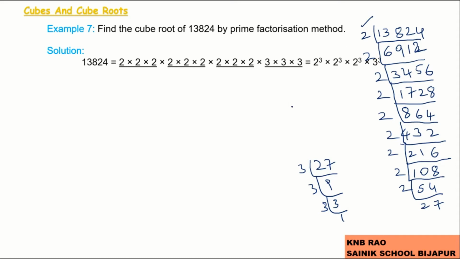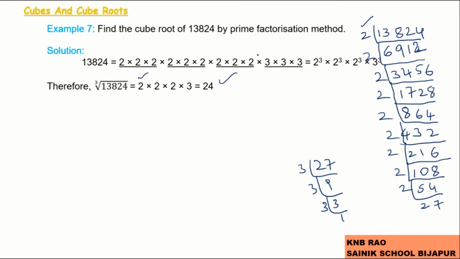Therefore, for the cube root of 13,824, we take one factor from each triplet. So it is 2 into 2 into 2 into 3, which gives 24. This is the right answer. Here the whole effort of yours lies in finding the prime factorization of the given number correctly.